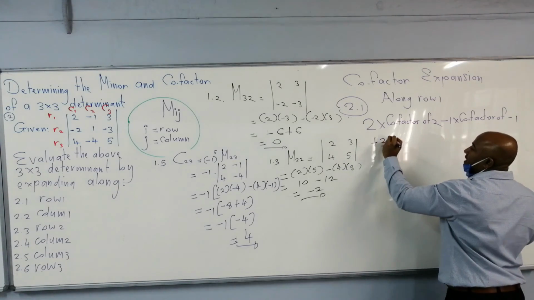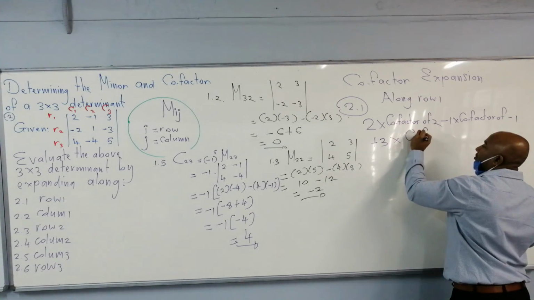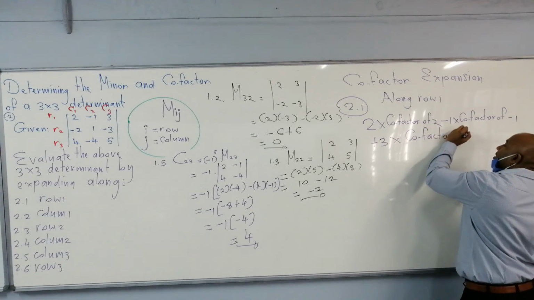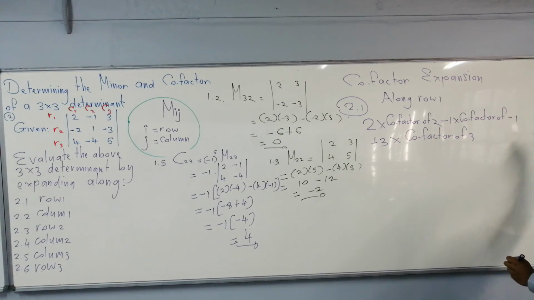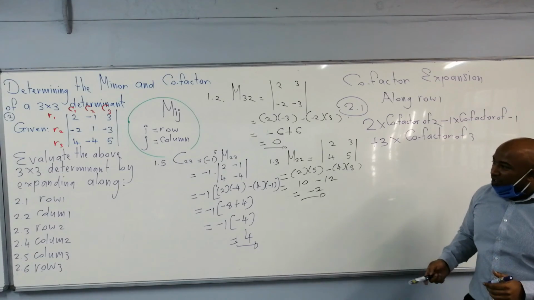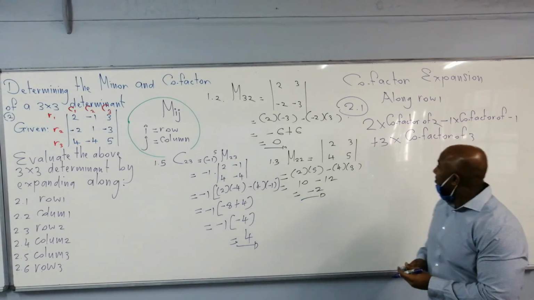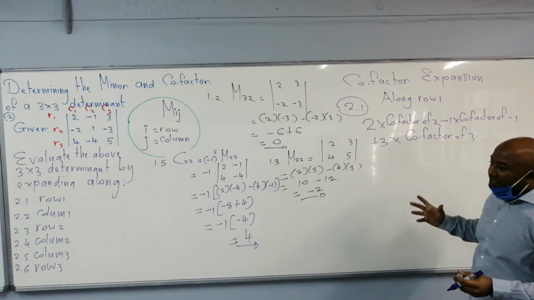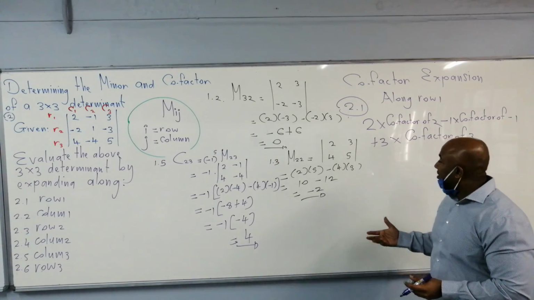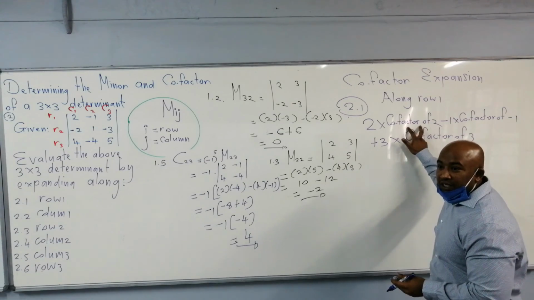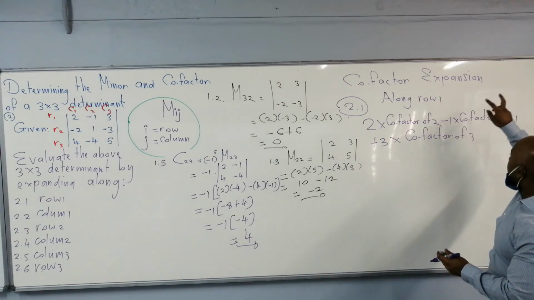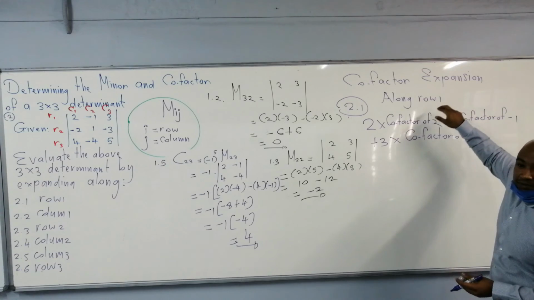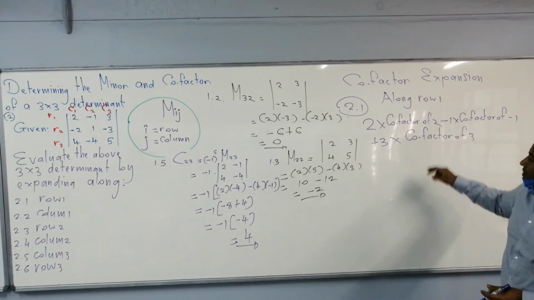So that's a +3 times the cofactor of 3. All in one line. So basically you're going to be doing this three times. Nothing difficult, it just takes a bit long to write down. So you'll work out the cofactor of 2 and multiply it by 2. Then you'll work out the cofactor of -1 and multiply your answer by -1.